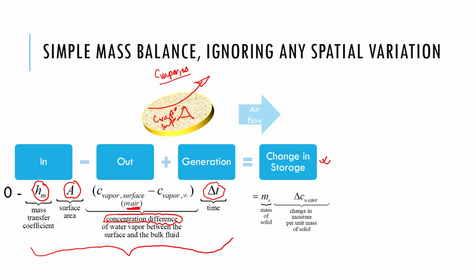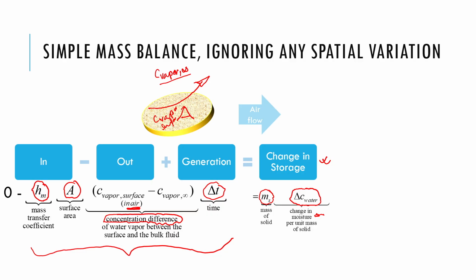So that is written as change in the concentration of water. Here, concentration is defined as moisture per unit mass of solid. So the change in concentration of water has to be multiplied by the mass of dry solid.